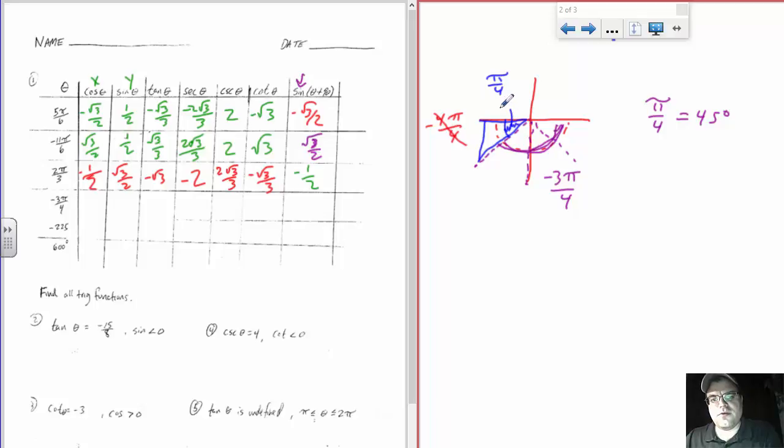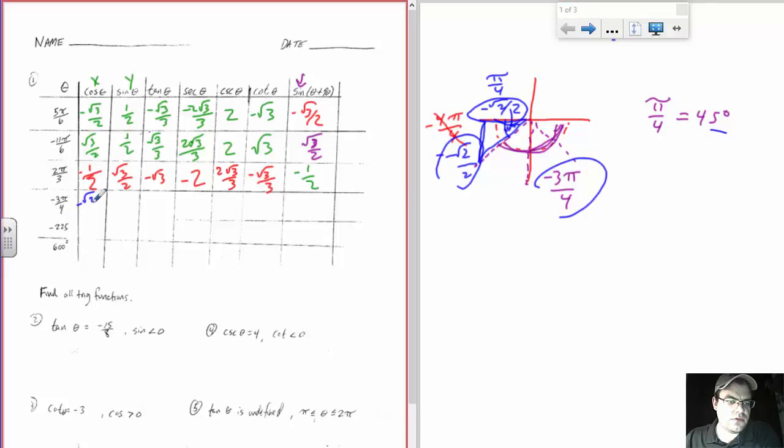So we know this is pi over 4, which is 45 degrees. So this triangle is negative root 2 over 2 here, and negative root 2 over 2 this side. This is the sine of this angle right here, and this is the cosine of this angle, and they're the same. So they're both negative root 2 over 2.